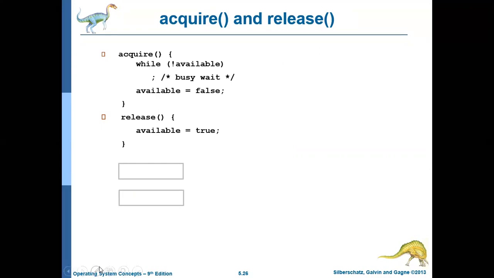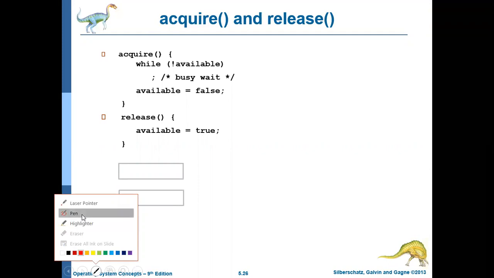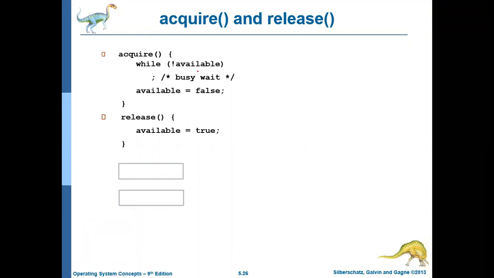Available means whether the critical section is currently available or not. If available is false, then not available will be true. If available is false, that means the critical section is not available.